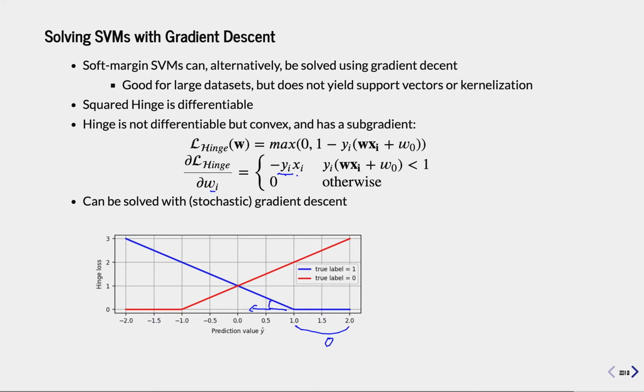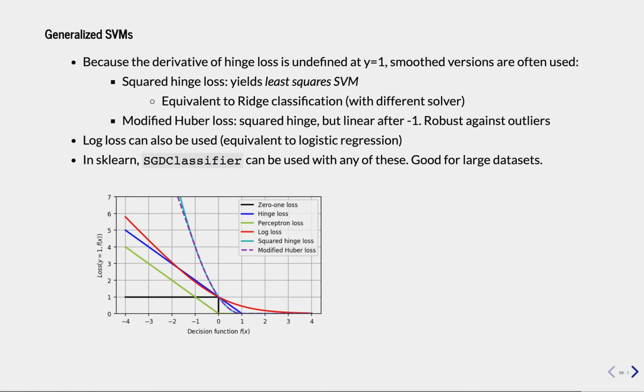This will be negative if the class is positive, and positive if the class is negative, and so on. So this is the case for i is 1, and this is the case for i is -1. Okay, and just because we have this, we can compute gradients. It will be either 0 or non-zero, and then we can use stochastic gradient descent or any variant to solve this.